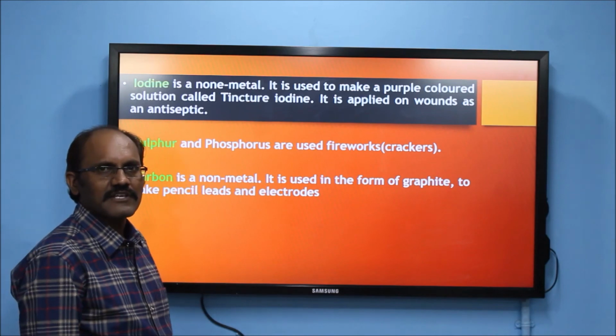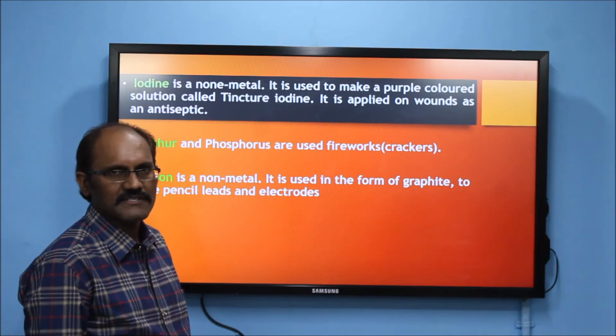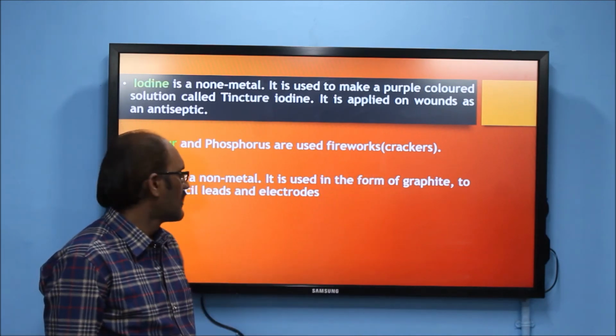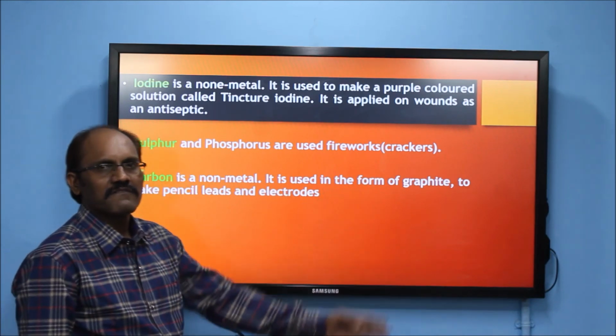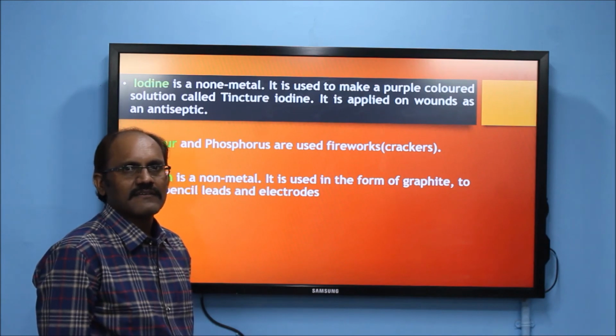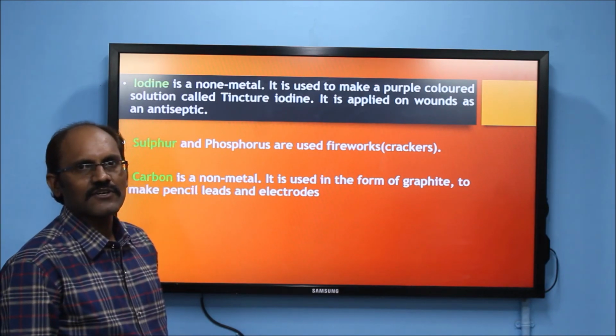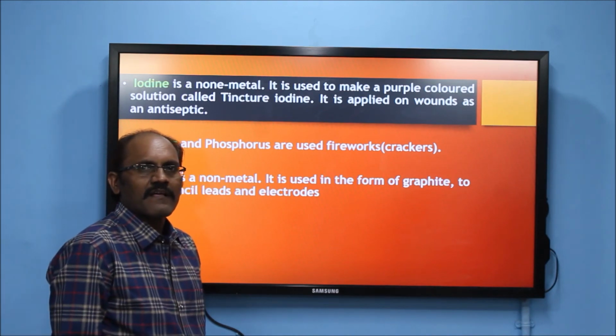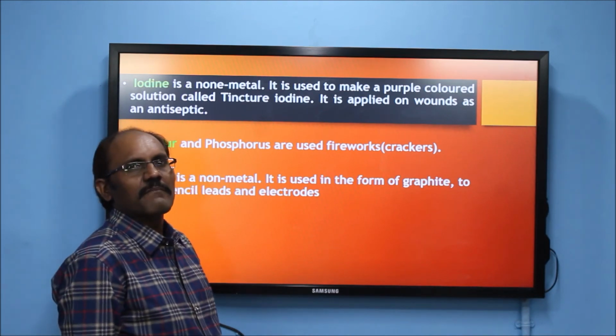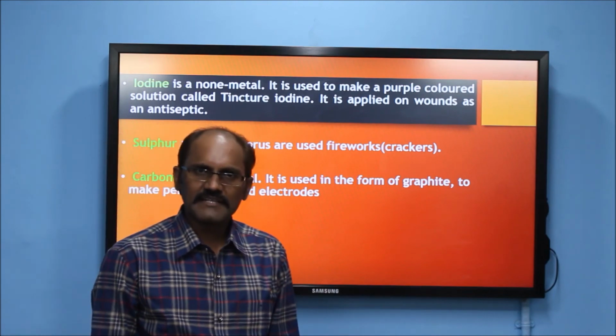These two non-metals are used in making fireworks like firecrackers. Carbon is a non-metal and it is used in the form of graphite to make pencil leads and also electrodes. So, children, these are the uses of metals and non-metals.